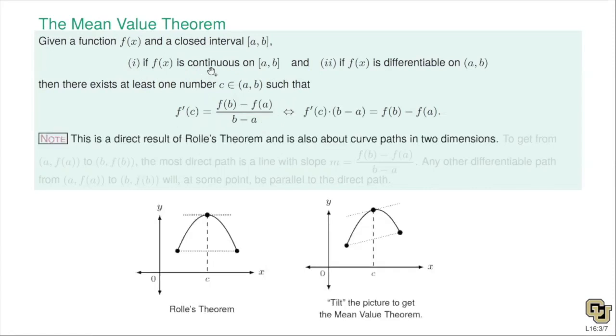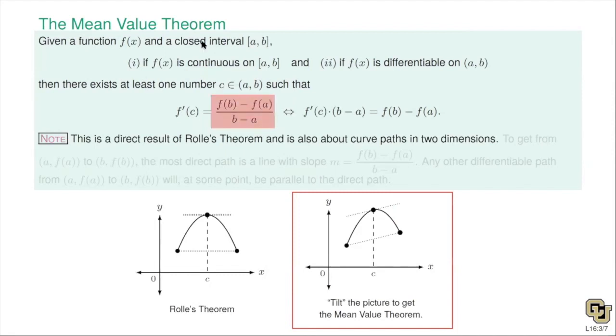So here's the picture of the mean value theorem, this one here on the right. This number, f of b minus f of a over b minus a, is the slope of the most direct path. If you take the most direct path from a, f of a to b, f of b, which is that line, the slope is f of b minus f of a over b minus a.